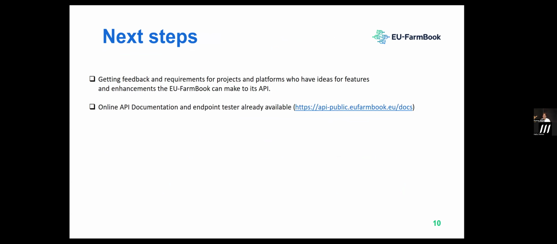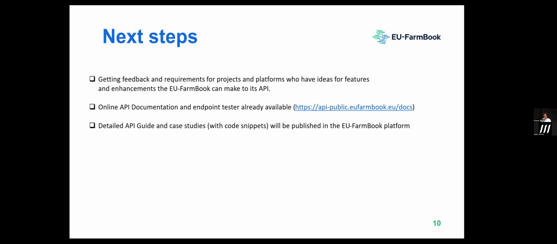The documentation online is already available on the same link where I showed you the API endpoints, and the detailed API guide on how to use this API with code snippets, for example what I showed you right now in Python, will be made available for you so that you can refer to them and make your own documentation. In the future, you don't have to manually upload, just use an API and everything will be uploaded automatically onto the EU-FarmBook platform. And new endpoints will be added, as we said before.